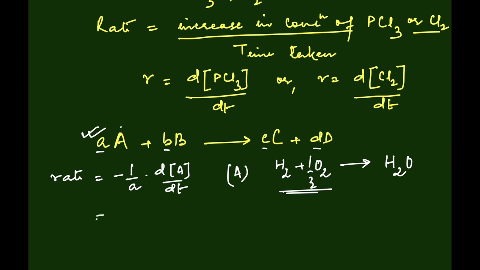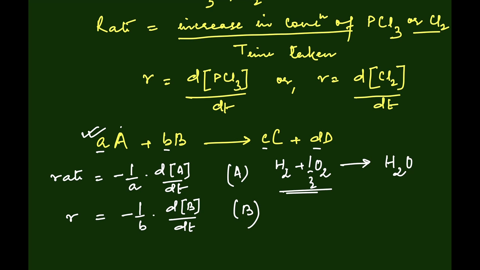Similarly, in terms of B, the rate will be expressed as minus 1 by b into d concentration of B by dt, because B is a reactant, so its concentration is also decreasing with time.